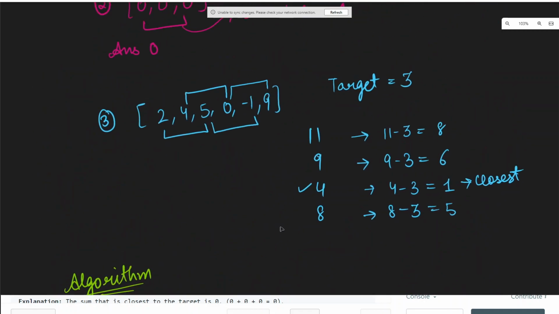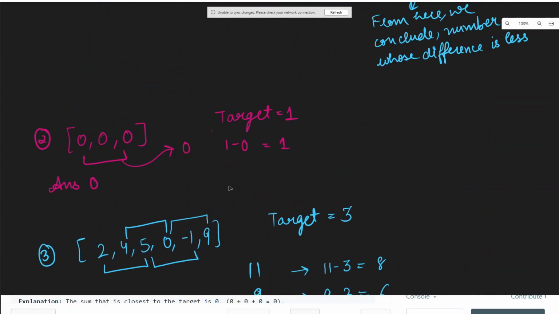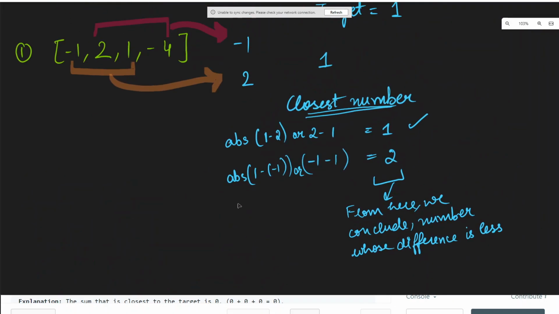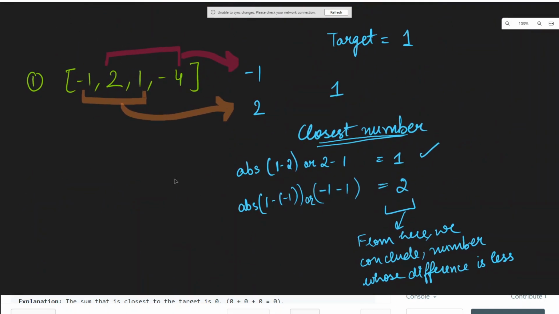Before this explanation, I was earlier checking the dry run of how things would work. So this is that 2 and this is that minus 1. The next thing is how to figure out the closest.